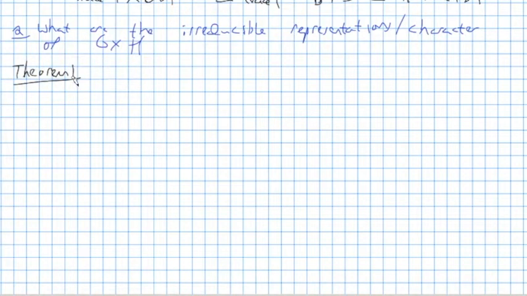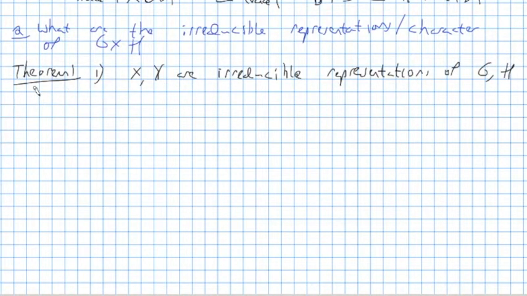Okay, so the first part is that if X and Y are irreducible representations of G and H, then the tensor product X tensor Y is an irreducible representation of the product of groups.